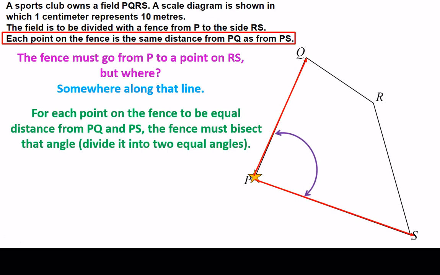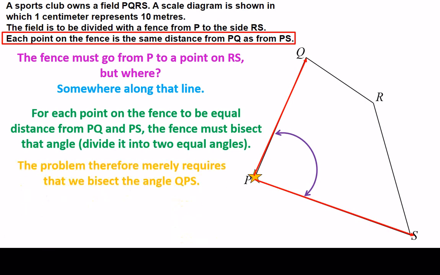When we bisect that angle, the bisecting line will be equal distance from PQ and PS. The problem therefore merely requires that we bisect the angle QPS.